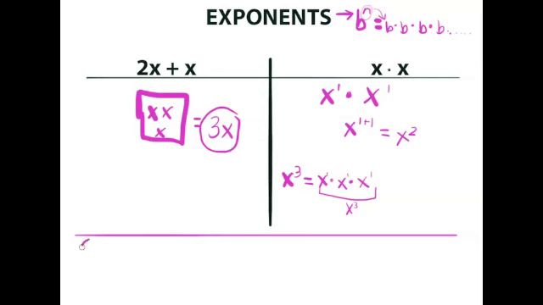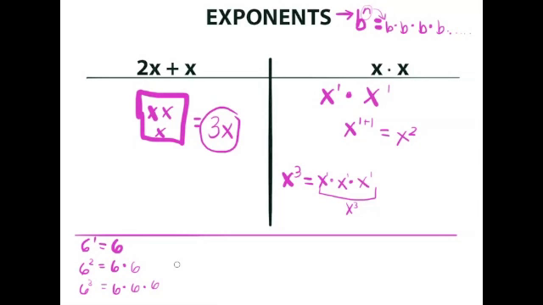If I started with 6 to the 1, that means just 6 by itself. 6 squared means I'm going to multiply 6 2 times. 6 to the third, you're going to multiply 6 3 times, and so forth.